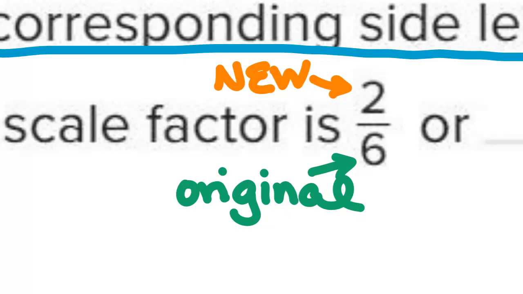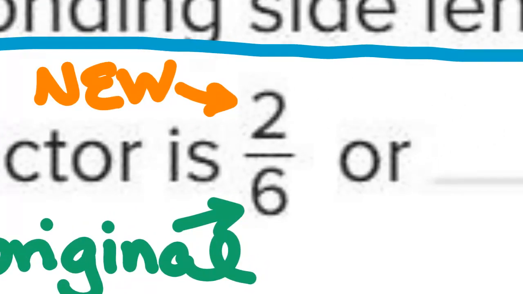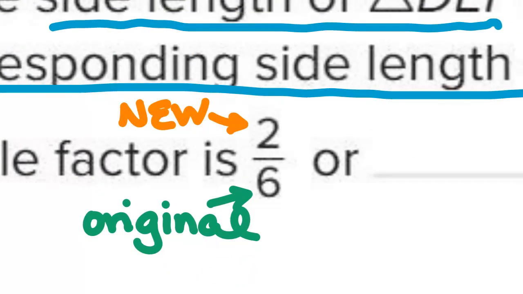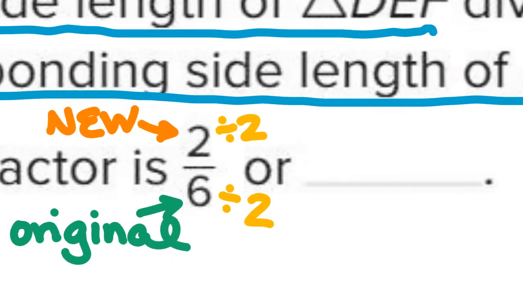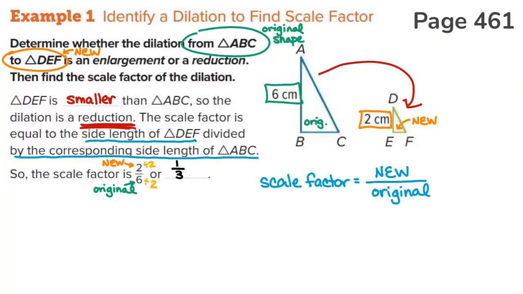Can we reduce 2 over 6? Is that in simplest form? Not in simplest form. We can reduce it. What'll go into both 2 and 6? 2 goes into both. So I divide top and bottom by 2. So what would my new fraction be after I reduce this? 1/3. 1 over 3. Nice work.